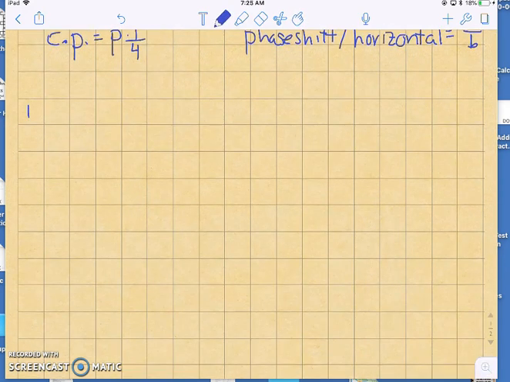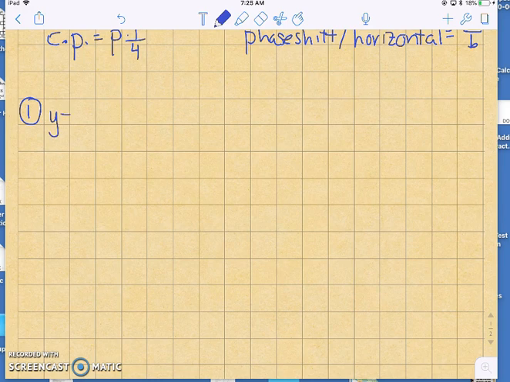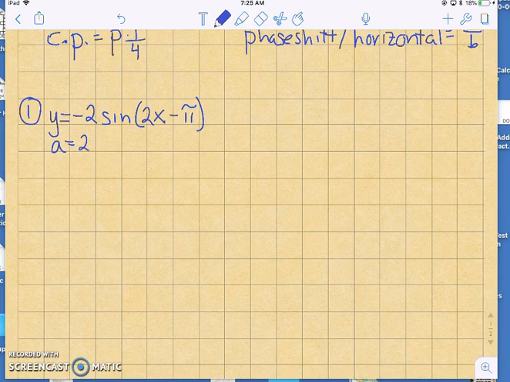The first one that we're going to take a look at graphing is y equals negative 2 sine of 2x minus pi. The first thing I would do is identify all our letters. So A is 2, B is 2, C is pi, and D there isn't one.